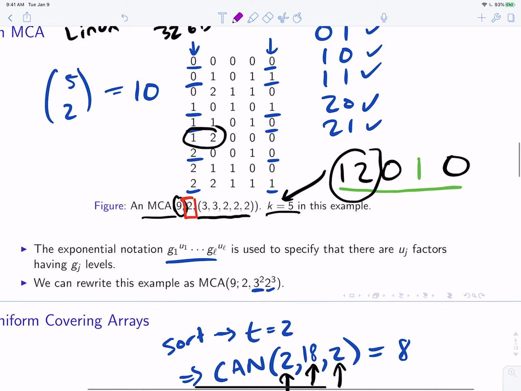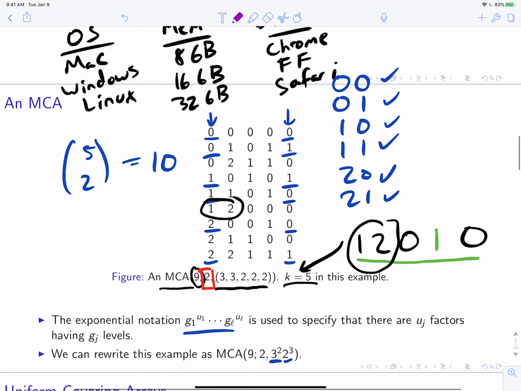So for example, in the mixed covering array we have here, where we have all zeros on the top, whatever corresponds to 0 for the first component, we're going to take that value. So if it corresponded to, I don't know, operating system, and 0 corresponds to Windows, then for that test, we'll use Windows.